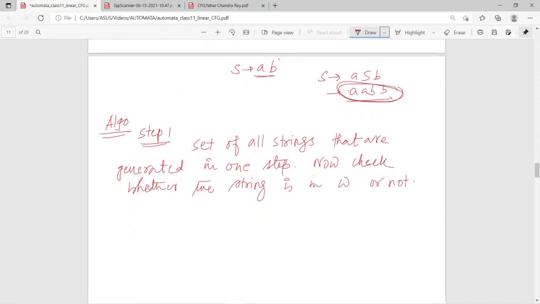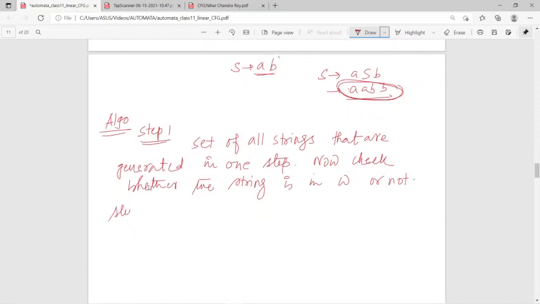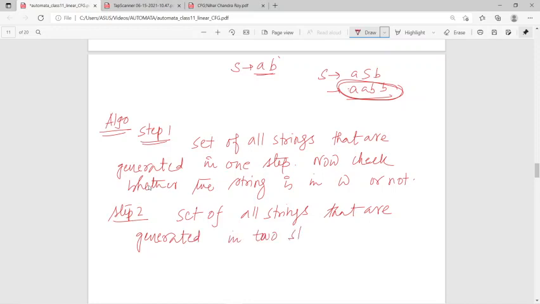In the second step, we have to find the set of all strings that are generated in two steps, and you have to check whether the string is in w or not.